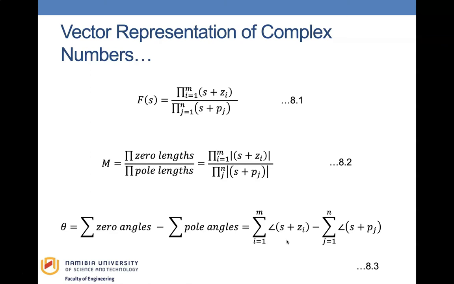Similarly, an angle subtended by a pole is measured from the positive extension of the real axis to a vector drawn from the pole of f of s at minus p subscript j to the point s. We will now use an example to demonstrate this concept.